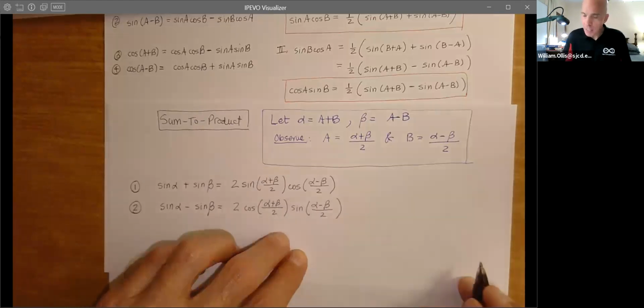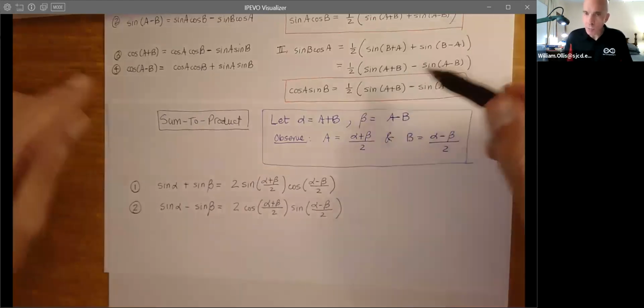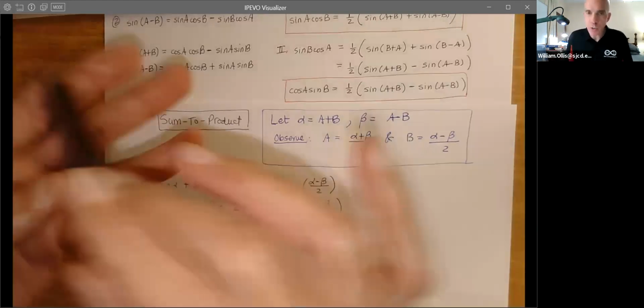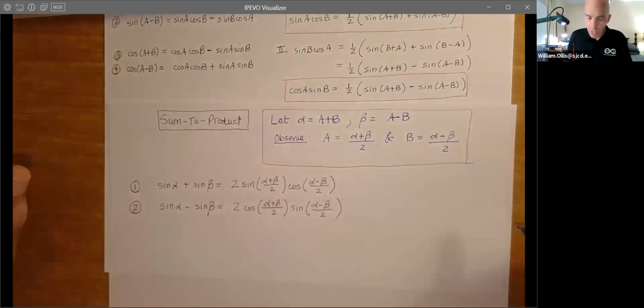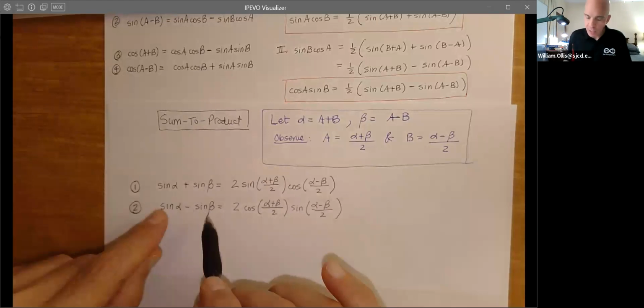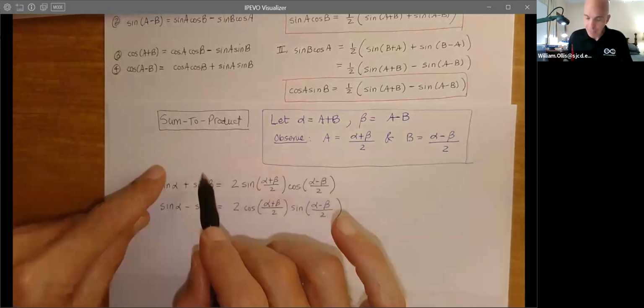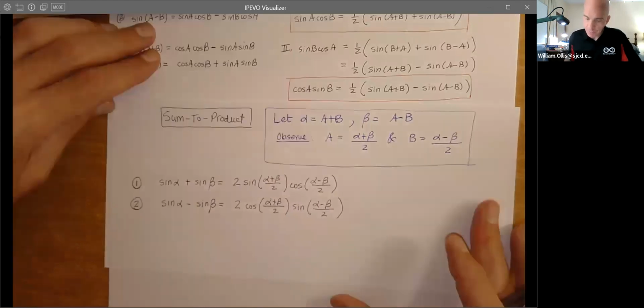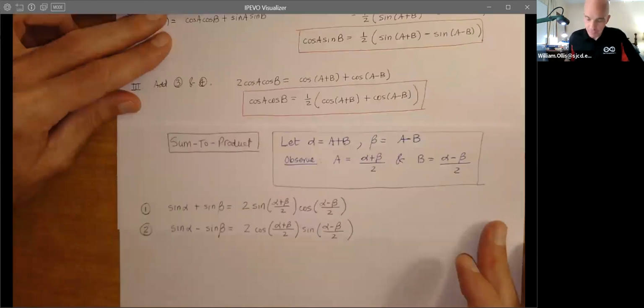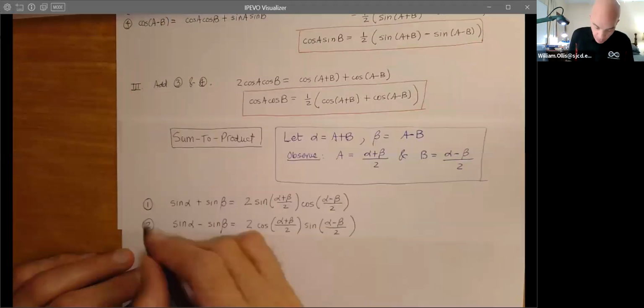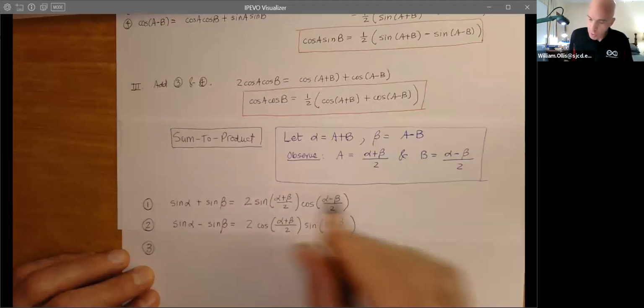Again, we're just making the reverse process more user-friendly. So now you have a simple argument over here, and then you can build the arguments here by knowing alpha and beta. Now let's move to the next one. So now we have number 3. We're going to do the same thing.